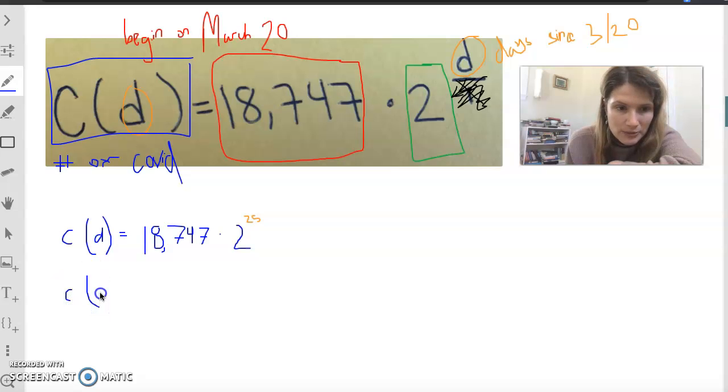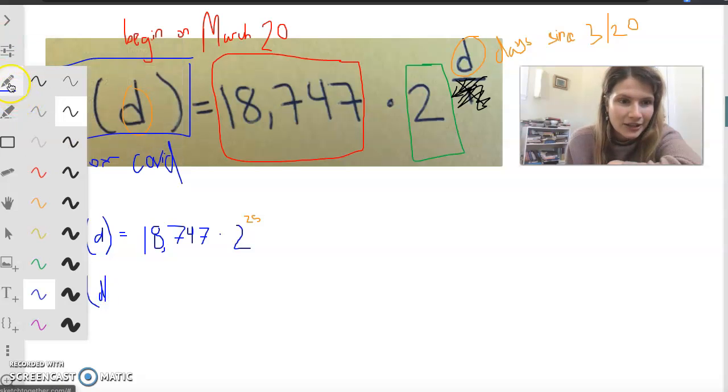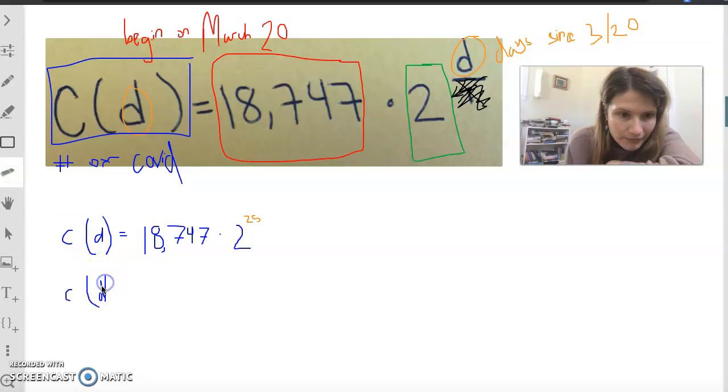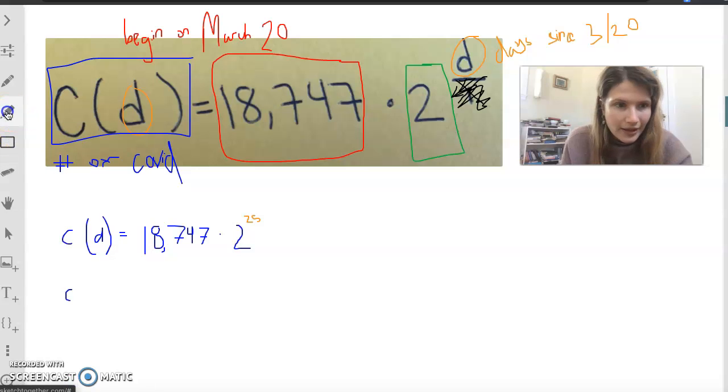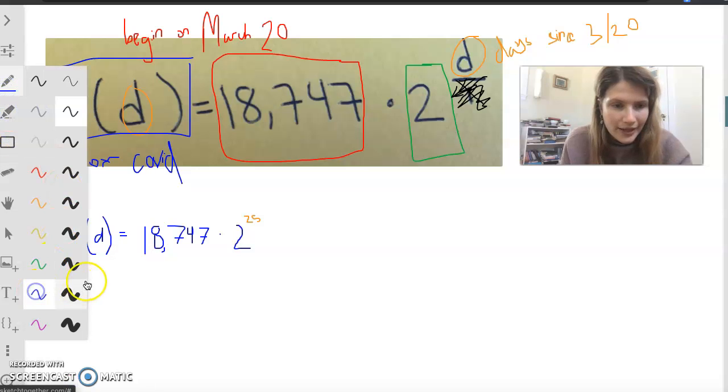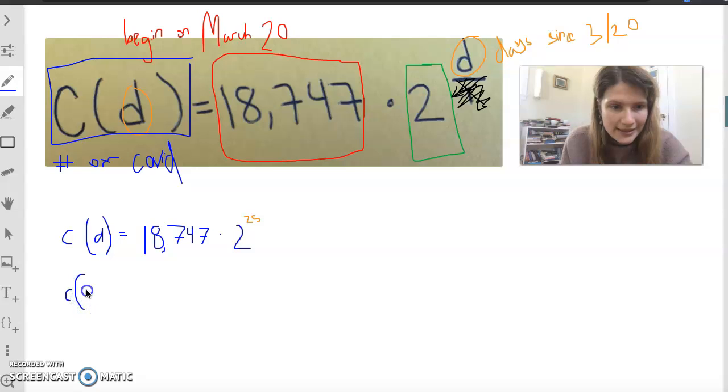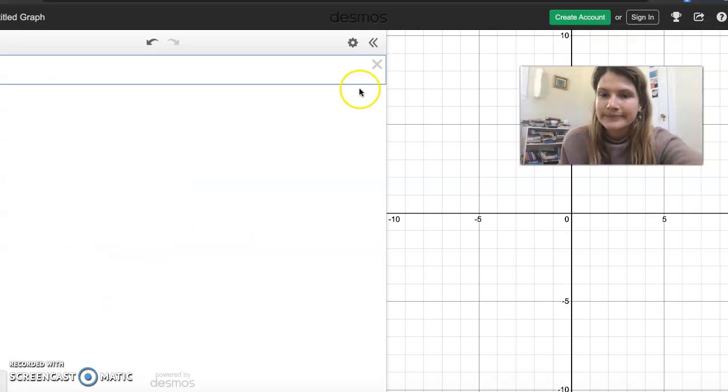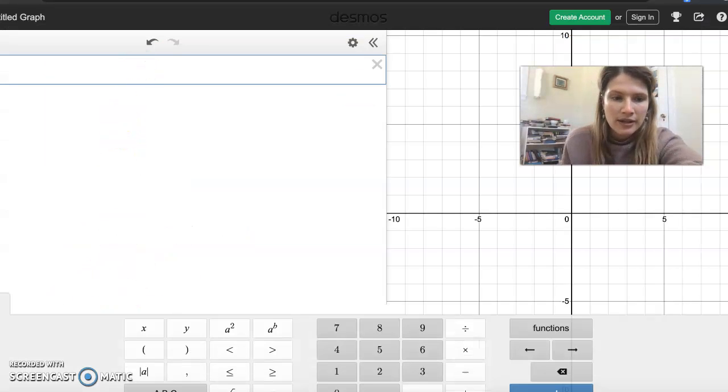So this is the number of corona cases, C of D, equals, and then I'm just going to plug this into a calculator to get an answer. I recommend using Desmos. You can use Desmos on your phone as well.